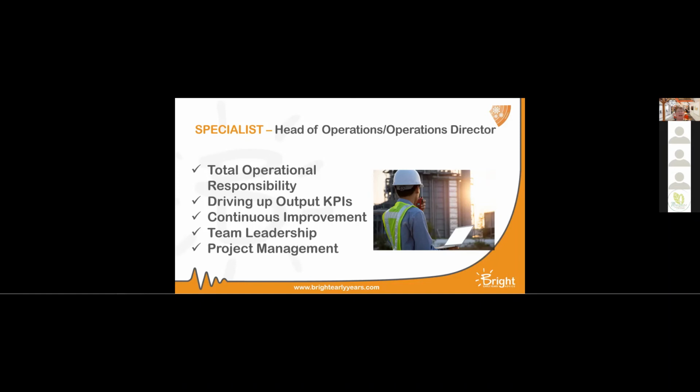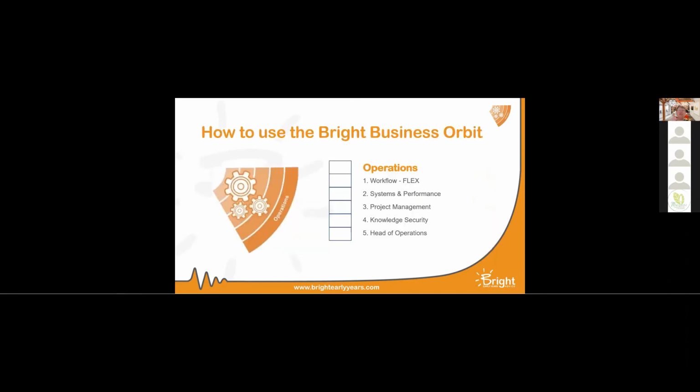Okay, so that's our going round of the 5 levels of the operations side of things. So I'm going to ask you guys now to score yourselves on those 5 aspects and come up with where you think you are, and that'll give you an idea of what you need to work on in order to take the next step, to make that next improvement in whichever area you need.